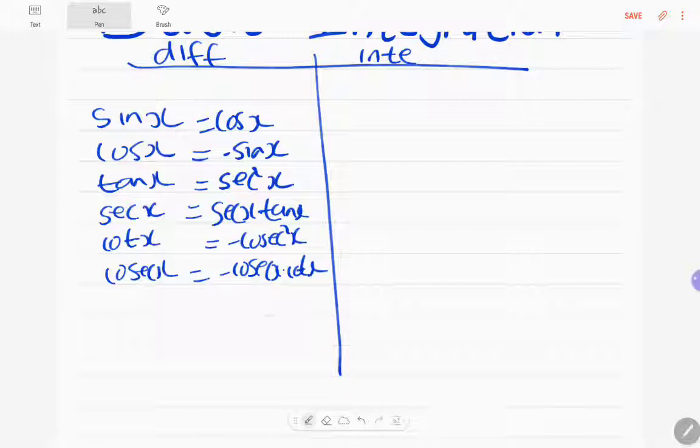And integration is an inverse of differentiation. That means an integral of cos x will be sin x plus c.